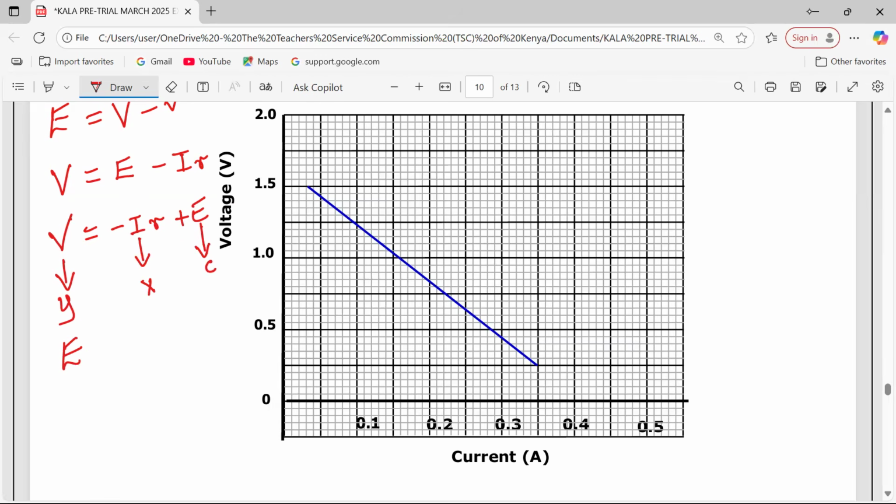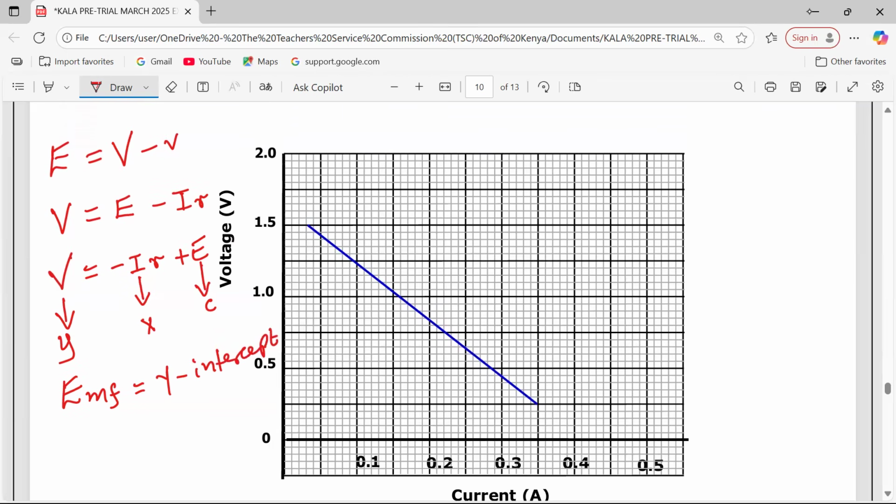So EMF is read from the y-intercept of the particular graph. The first mark will go to a student who is able to extrapolate the line and see the y-intercept. A student who is in a position to extrapolate the graph and tell us that the EMF is exactly 1.5, and this is a 2.0.